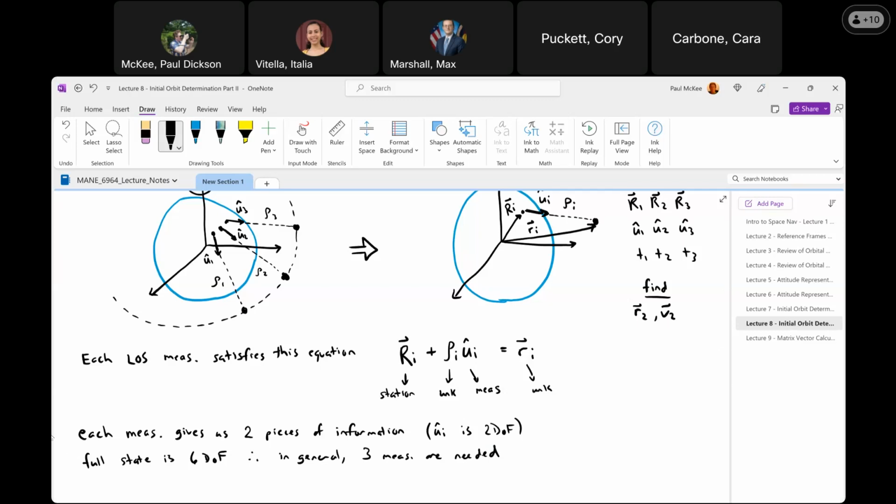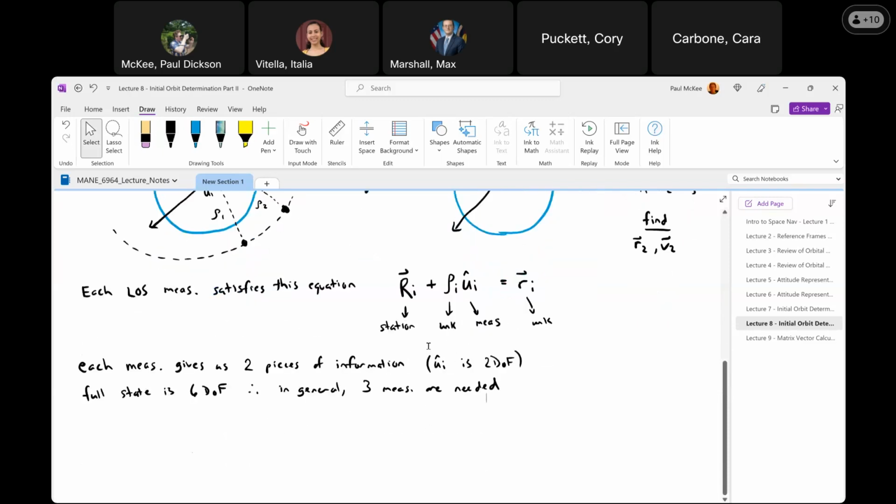Now, let's explore some other relationships between these vectors, right? So we know that this is the case for R1, R2, and R3. So you could actually have 9 equations and 12 unknowns, right? Now, if you might remember from Gibbs' method, there's what we call the coplanar constraint.